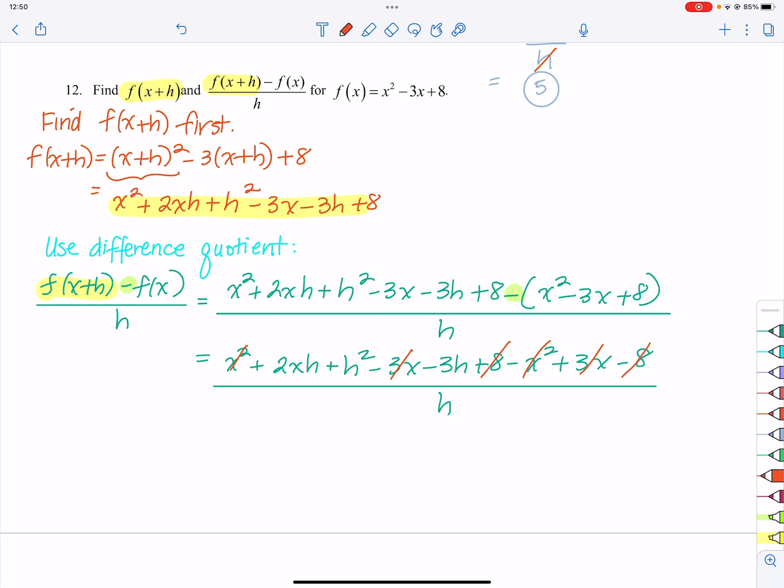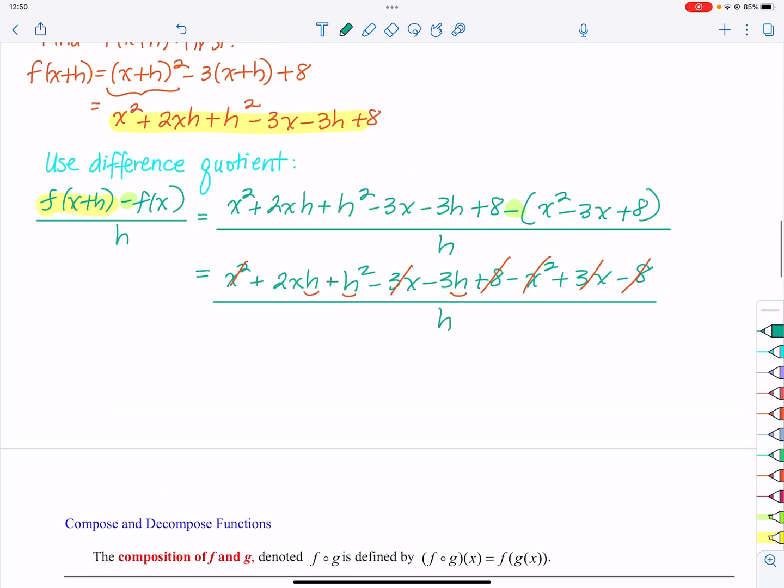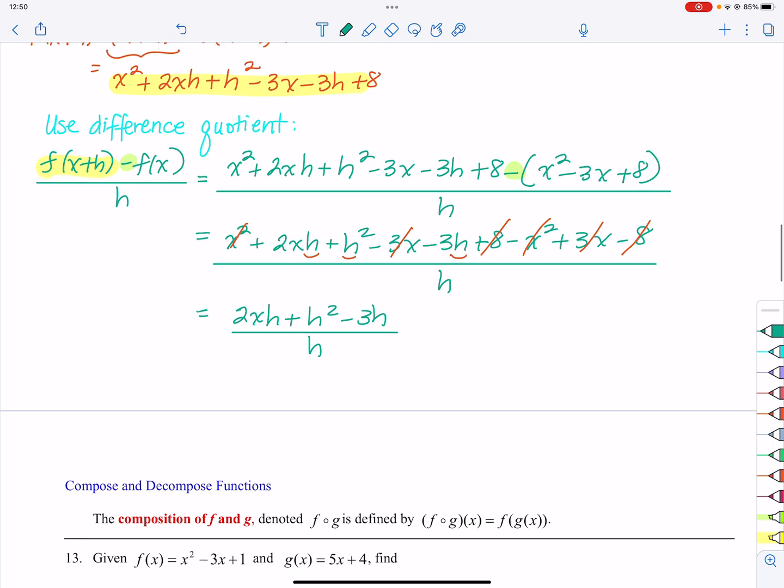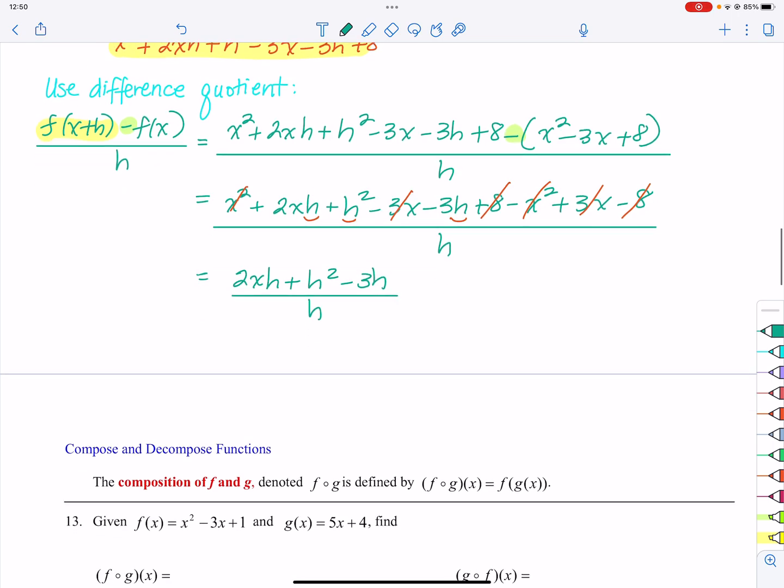I will give you a little hint. Do you see that every term remaining has an h in it? That's when you know that you've simplified correctly, because we will end up canceling that h out. So we're going to divide each term by h, or you could factor out an h in that numerator if you'd like to see it a little better.